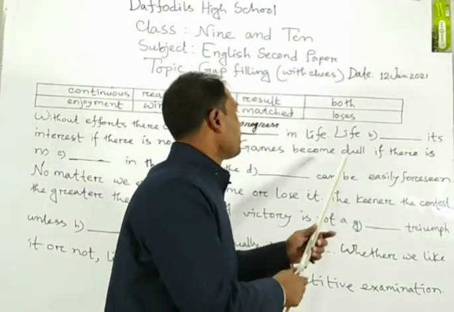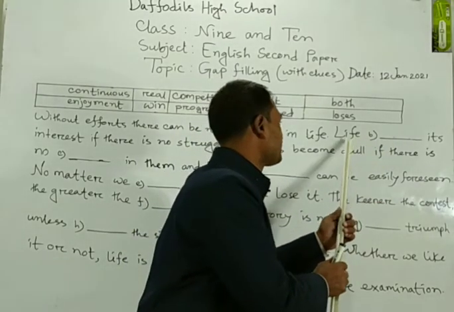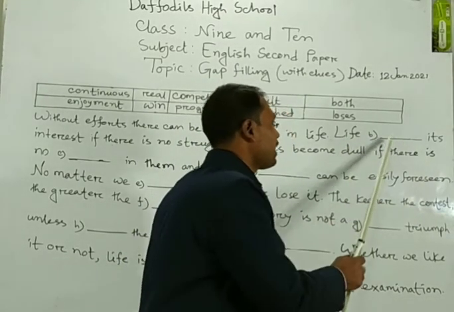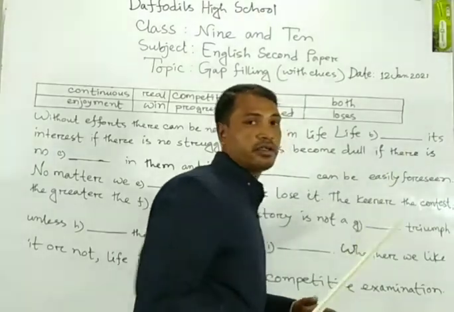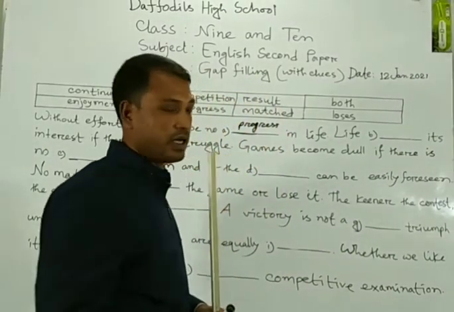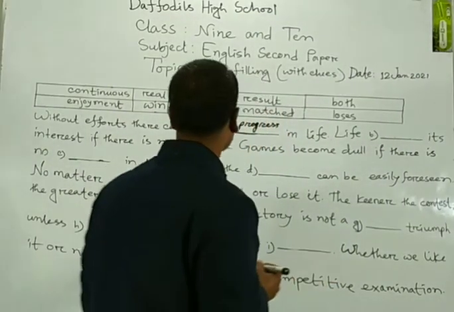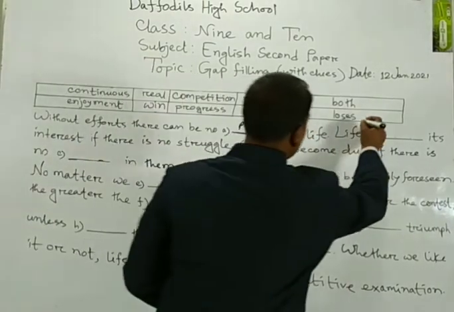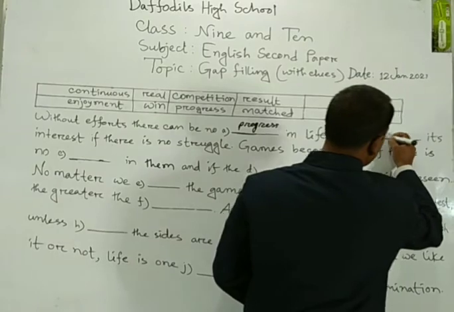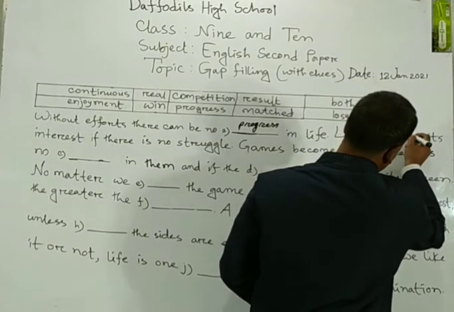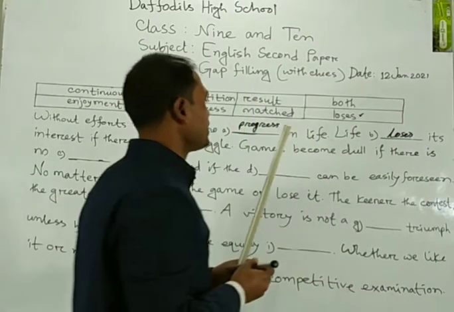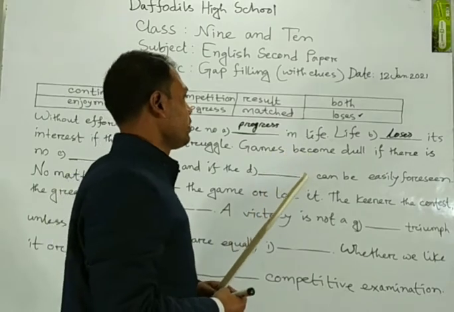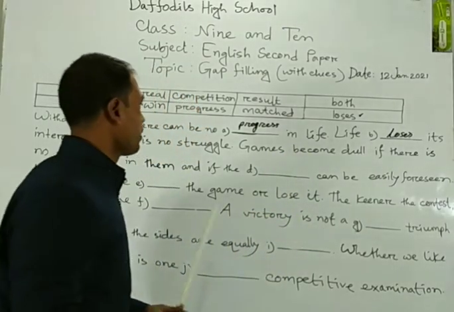So if this gap is between the subject and object, this gap must take a transitive verb. And if we use here loses, our sentence will be meaningful and correct.